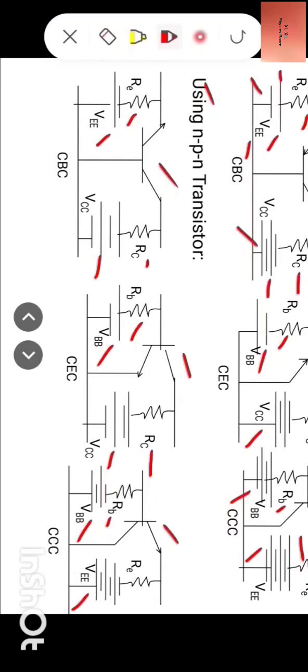Since the two batteries VBB and VEE are in series, the two cells will cancel, and the remaining one cell in the emitter region will constitute the forward bias between base and emitter. And this is how we apply bias to the three configurations. You remember the simple trick: take the battery and connect it through a resistance to the respective terminal according to the requirement of the bias. Okay.